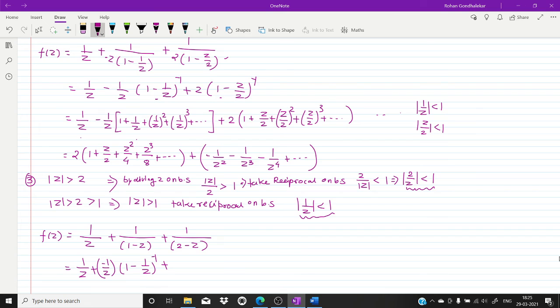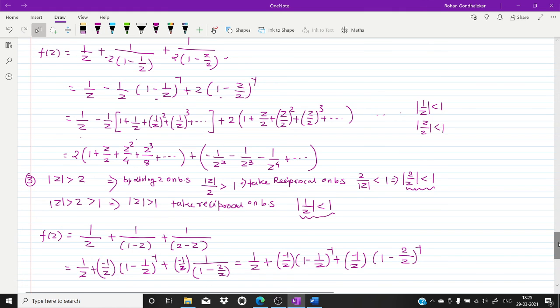From here we are taking 2/z, so we need to arrange 2/z. So we are taking −z common from here also. So −1/z into 1/(−z) going out, it becomes 1 − 2/z, which is nothing but 1/z plus −1/z into (1 − 1/z)⁻¹ plus −1/z into (1 − 2/z)⁻¹.